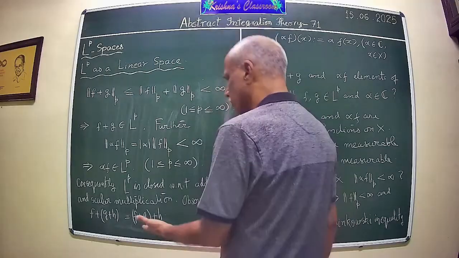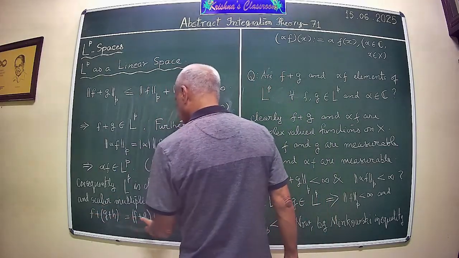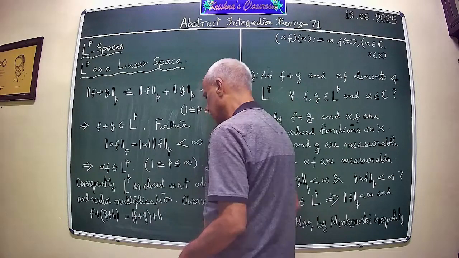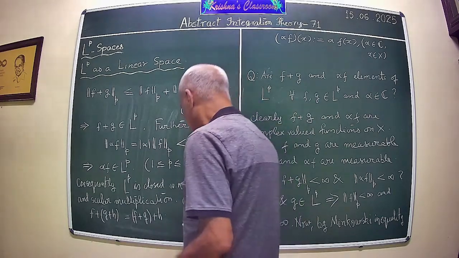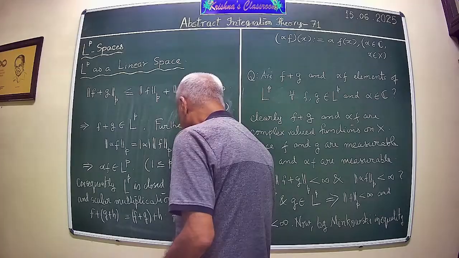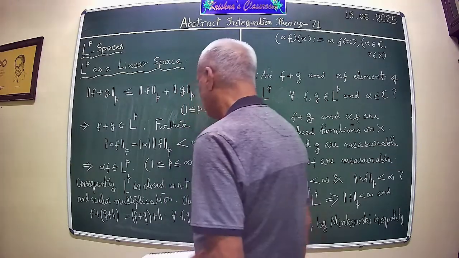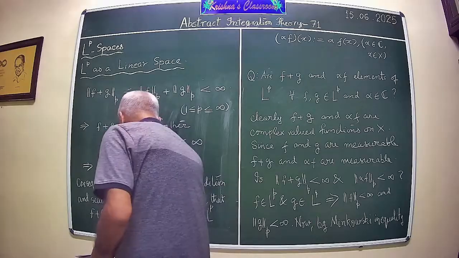This follows from the evaluation of this at x, which is essentially evaluation at x. This is associativity.